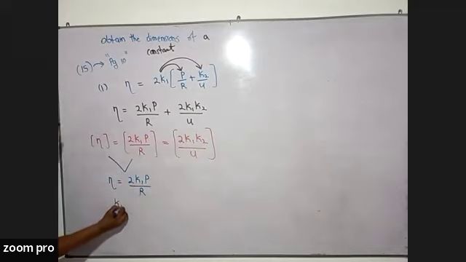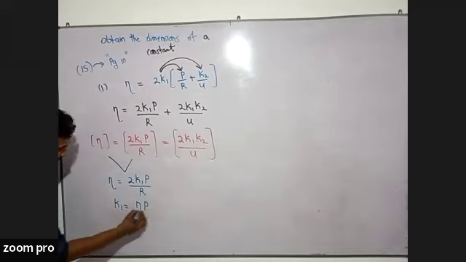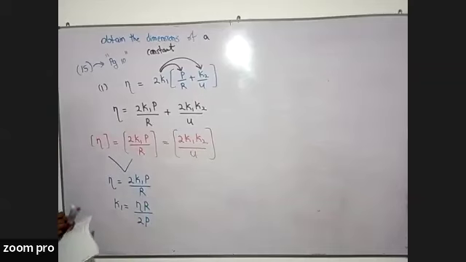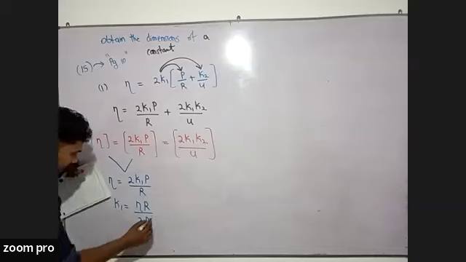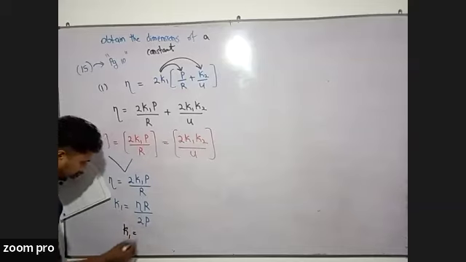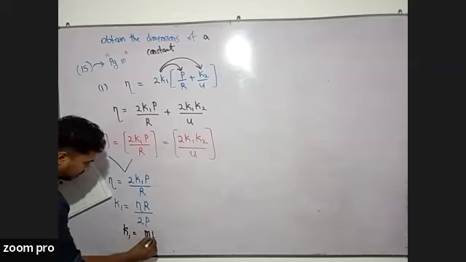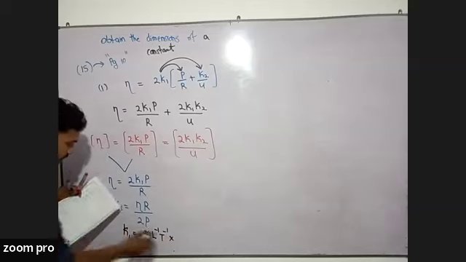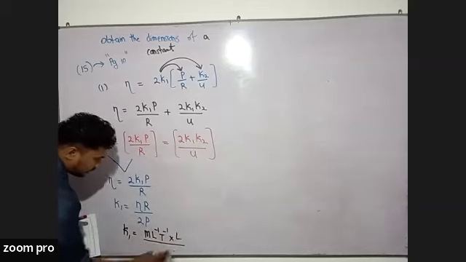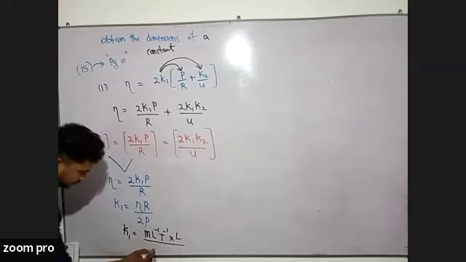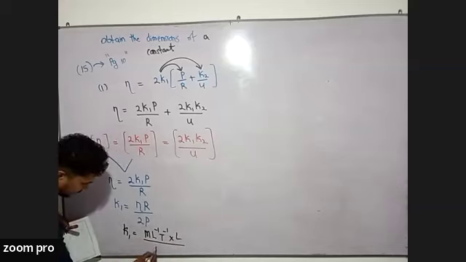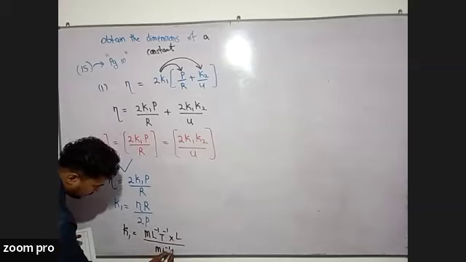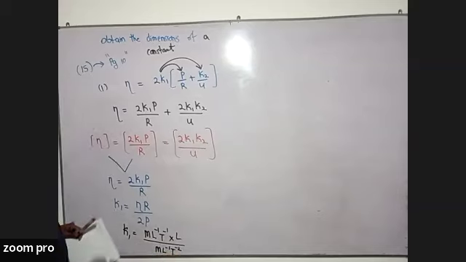If I make k1 the subject, it can be obtained as n r over 2p, right? If I substitute the relevant dimensions, the dimensions of eta should be m l minus 1 t minus 1, r means length, so it is L, over p, which means pressure, that is m l minus 1 t minus 2, right?